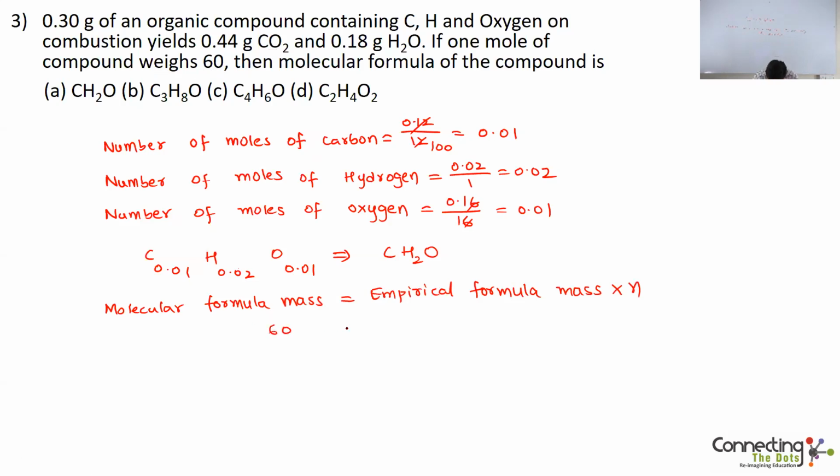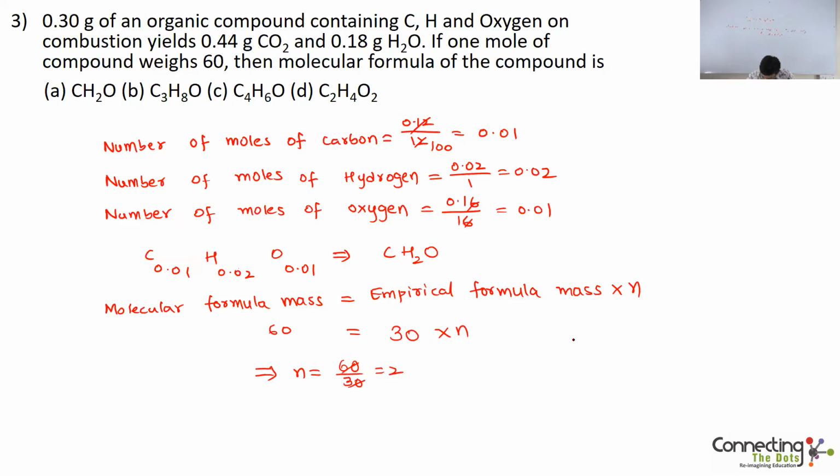So 60 is equal to empirical formula mass times N. CH2O will be 12 plus 2, 14, plus 16, so it is 30. 30 times N. So your N will be 60 by 30, which is equivalent to 2.